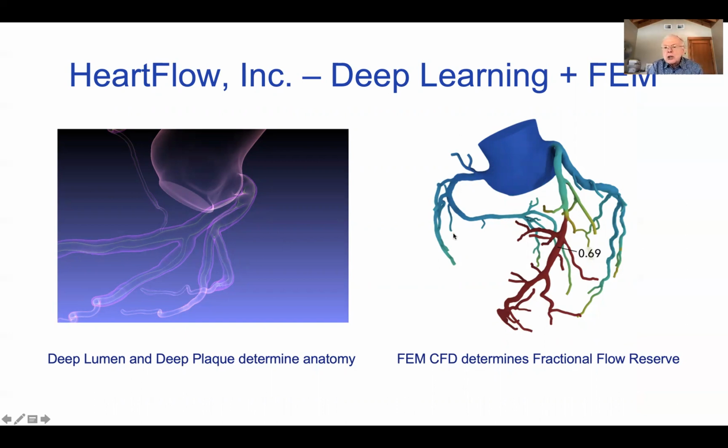And yet they use finite element CFD. In fact, they use a technology that I developed for them many years ago. And they use that to compute the FFR, again, non-invasively. So they're still using finite elements on the analysis side, but they're using deep learning on the geometric, let's say, design or modeling side.